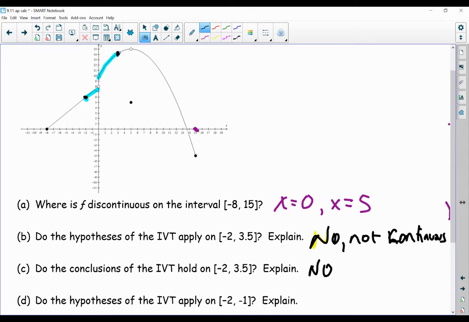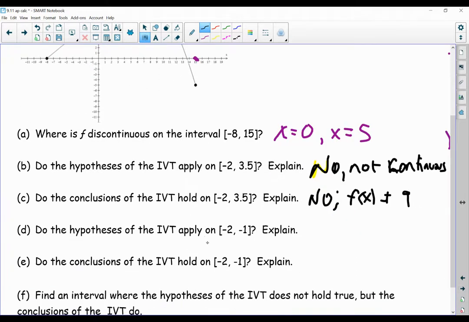The conclusion would say every value between 6 and 14 is hit at least once, which I can see isn't true because I don't have a height of 9. Because it jumps over 8.59, 9.99, all these values don't exist. So the conclusion does not hold true. f of x does not equal 9 would be my reason.